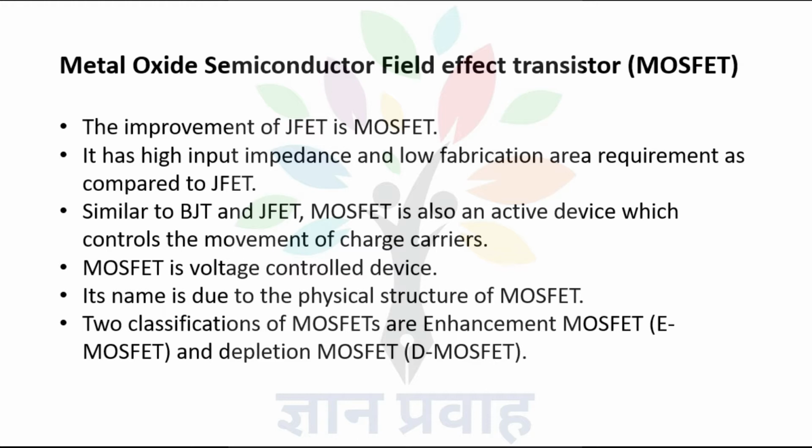MOSFET is a voltage controlled device because it is a FET and all types of FETs are voltage controlled devices. So output current is controlled by the input voltage. And there are two types of MOSFETs in electronics, and these are enhancement type MOSFET and depletion type MOSFET.